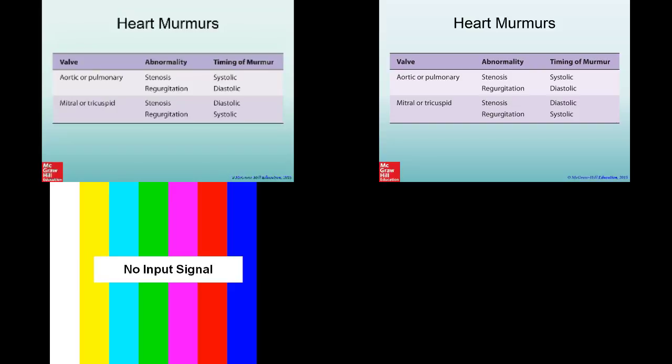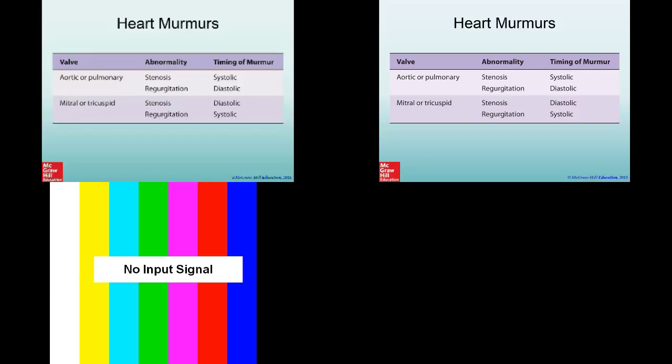If you have valves that open just fine but don't close completely, then you can get regurgitation. You can hear that in the stethoscope. That'll give you a diastolic murmur. That's for the aortic or pulmonary semilunar valves.